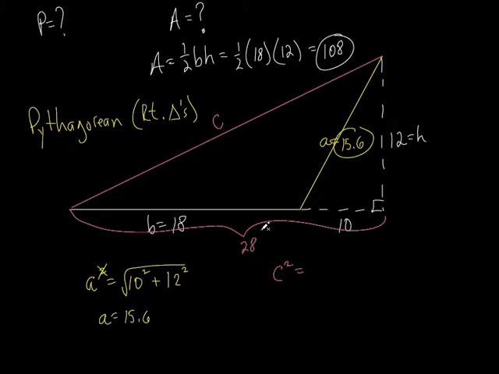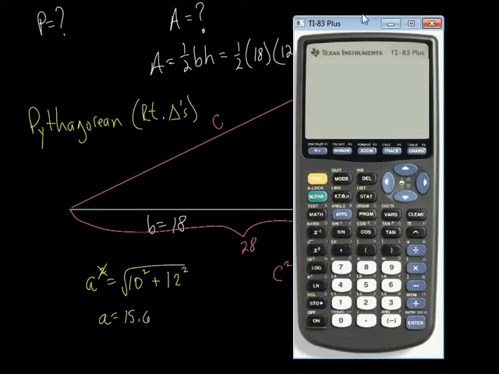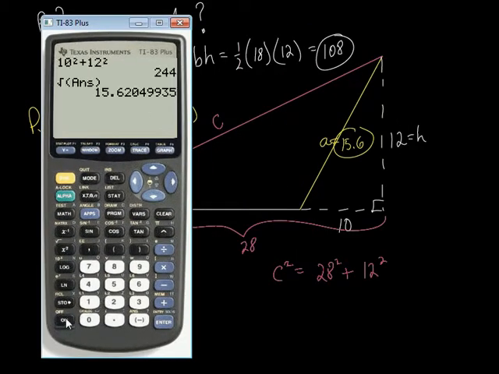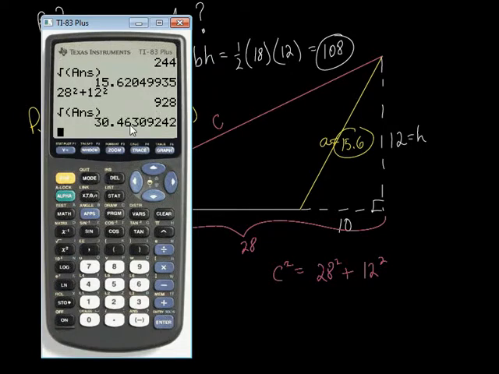Everybody see that? All right, so I got to take 28 squared plus, what's the other side? This one right here, which is 12 squared. Put them in a calculator, take the square root, and then I've got C. So let's do that. 28 squared plus 12 squared equals, take the square root of that answer, and I get about 30 point, let's round it to one decimal place.